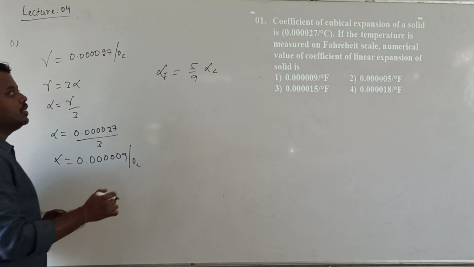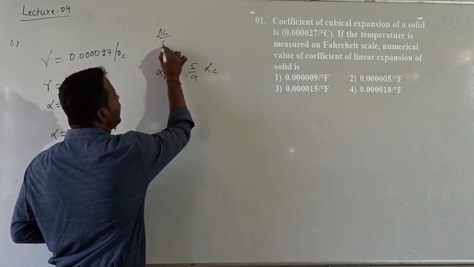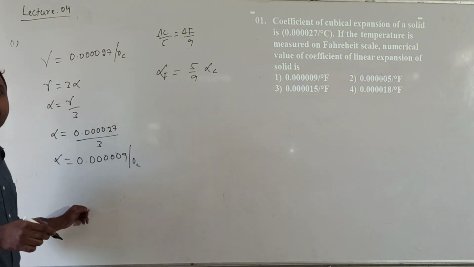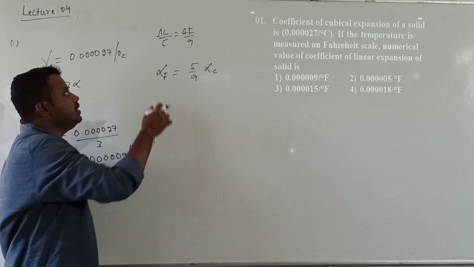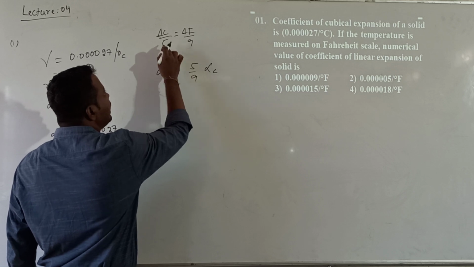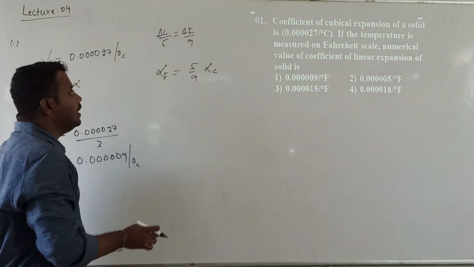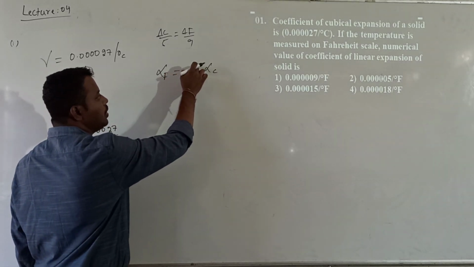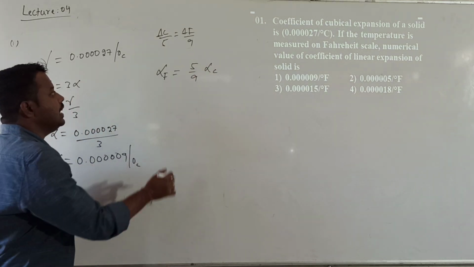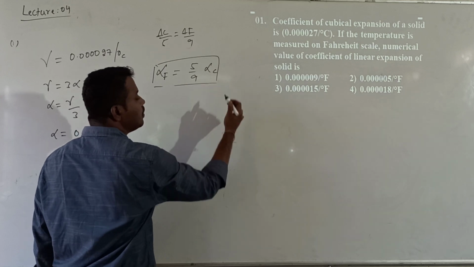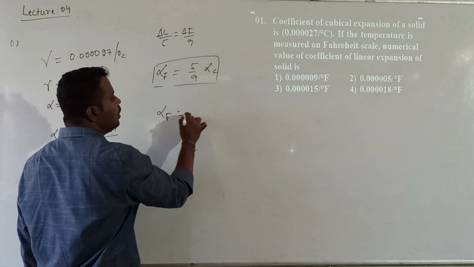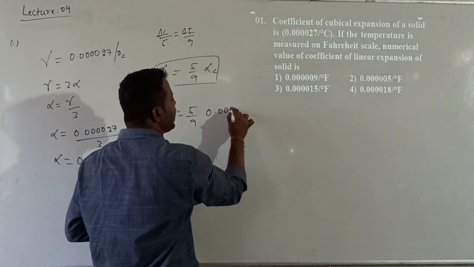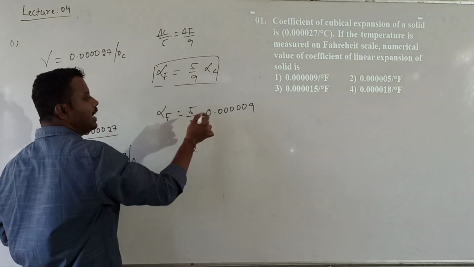We know the relation: delta C divided by 5 is equal to delta F divided by 9. The coefficient of linear expansion is inversely proportional to the change in temperature. From this, alpha F is equal to 5 by 9 into alpha C. We studied this relation in the synopsis also.